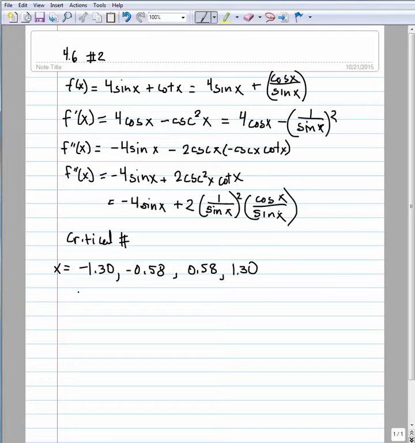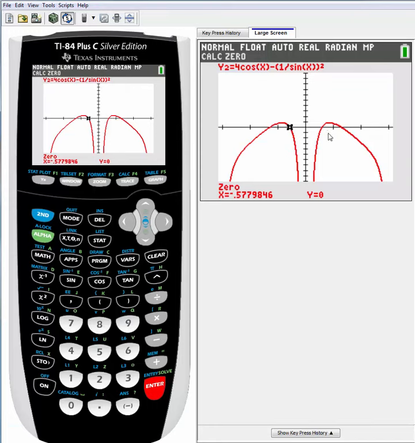But also, the thing we have to remember for critical numbers is that it's not just where the first derivative is 0, it's also where it's undefined. So you can see we have a vertical asymptote here, so it's not defined here. And then also, we have to recall that the domain of the original function was restricted between negative pi and pi.